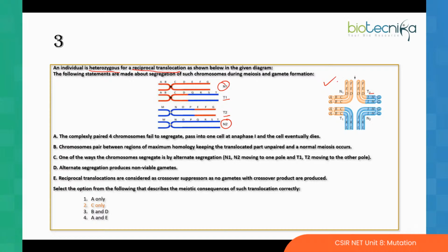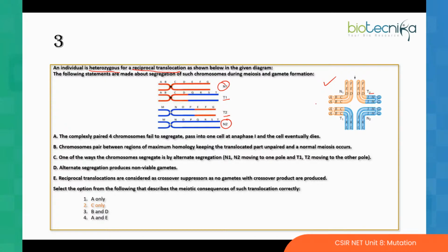T2 is aligning with N1 as well as N2. T1 is aligning with N1 as well as N2. Like this the alignment will happen. Now, once this alignment is done, during meiosis 1 there can be three different ways the chromosomes can segregate.